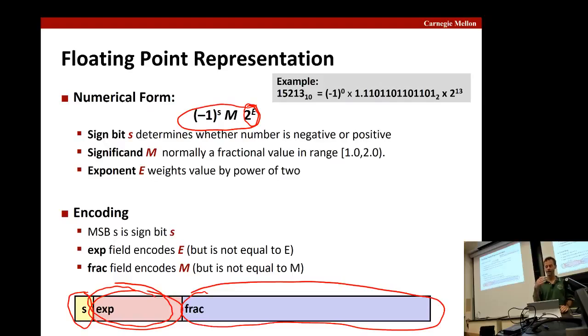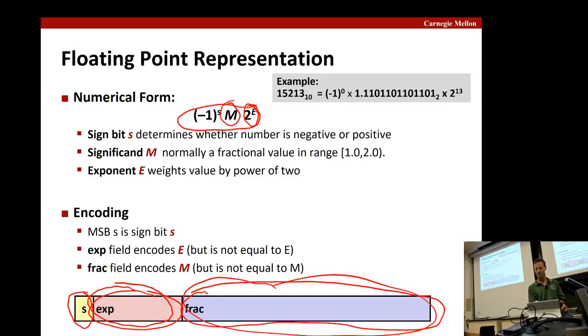Similarly, you have this significand m that gets represented with some number of bits in the frac, but it's not going to be exactly the same, and you'll see in a minute how they differ.